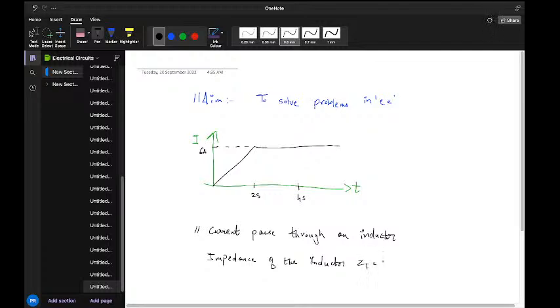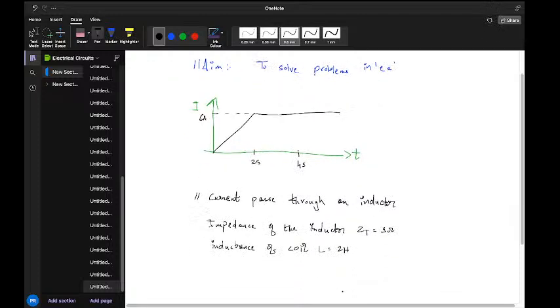ZT is 1 ohm. The inductance of the coil, L, is equal to 2 Henries over here.